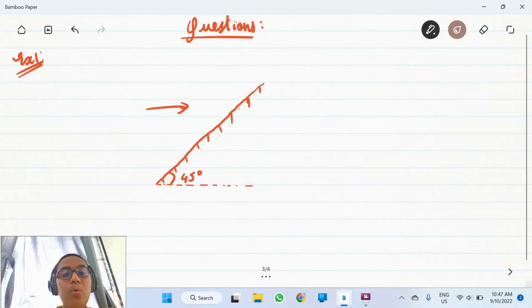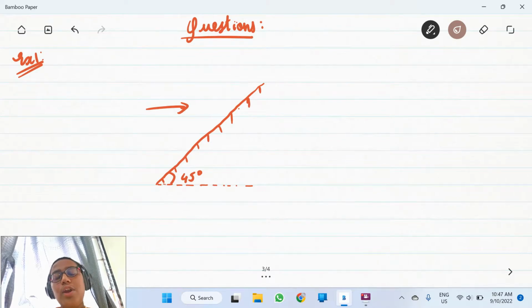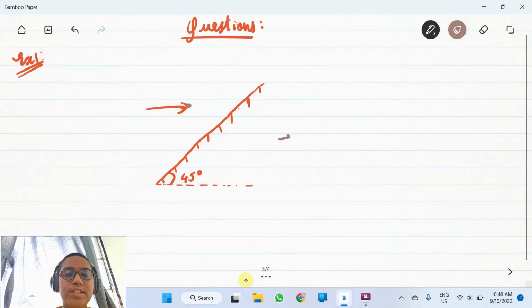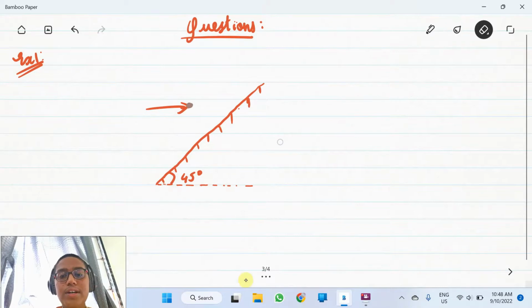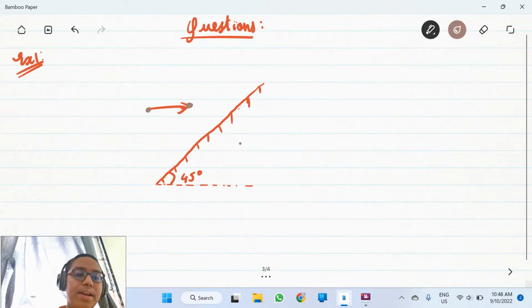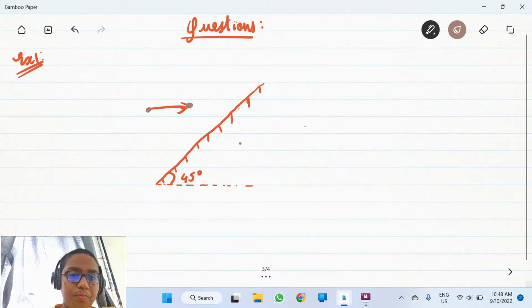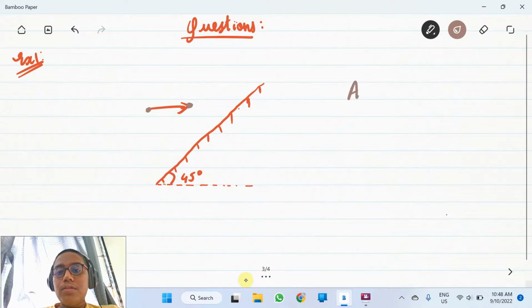Now let's see how its image is formed beside the mirror. What do you think? First try yourself. Now to solve such questions, have you solved it? Then I'll solve it. To solve such questions, take the starting point of the object and the ending point of the object.